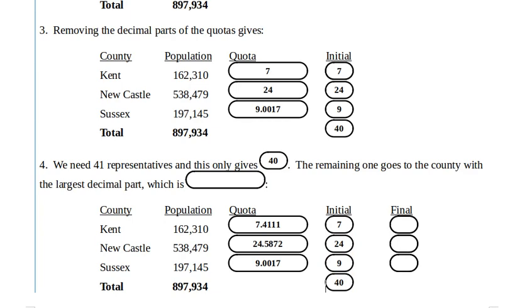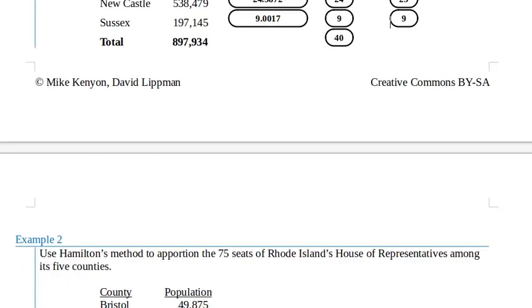So now we look at the decimal part and look for the ones that are largest. So 0.0017, 0.58, 0.41. It looks like Newcastle gets 1 more, so that's brought up to 25. The others stay the same, but of course now we have that last seat taken, a representative from Newcastle.